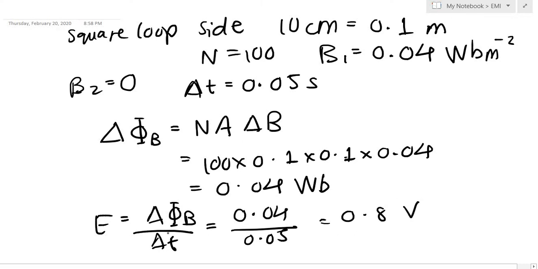Yes, you might have noticed I ignored the negative sign because right now we're not describing any direction. We just want this value of 0.8. Even if it were negative 0.8, it wouldn't hold much significance now. So the answer is 0.8 volts. This is EMF, same unit as potential difference, volts.